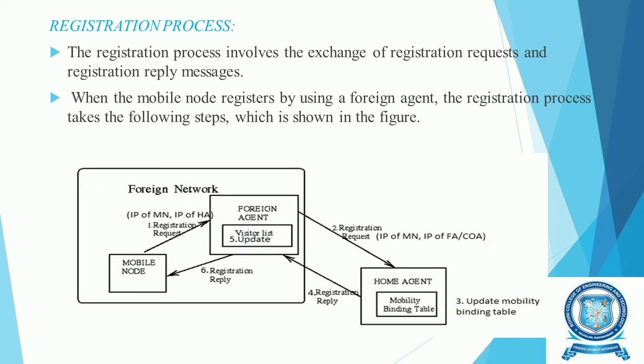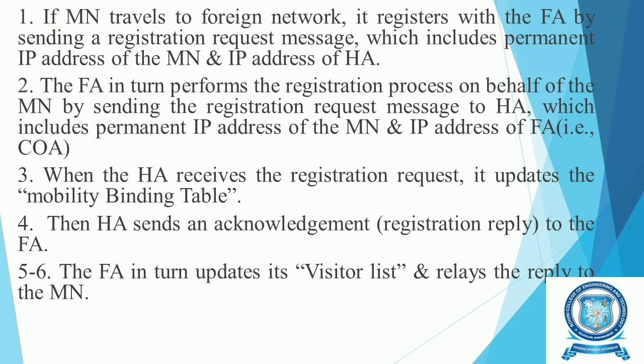This is a diagrammatic representation which shows the registration process. It involves the exchange of registration request and registration reply messages. When a mobile node registers by using a foreign agent, the registration process takes the following steps, which are shown in the figure. We have a foreign network and a home agent, which exchange request and reply messages.